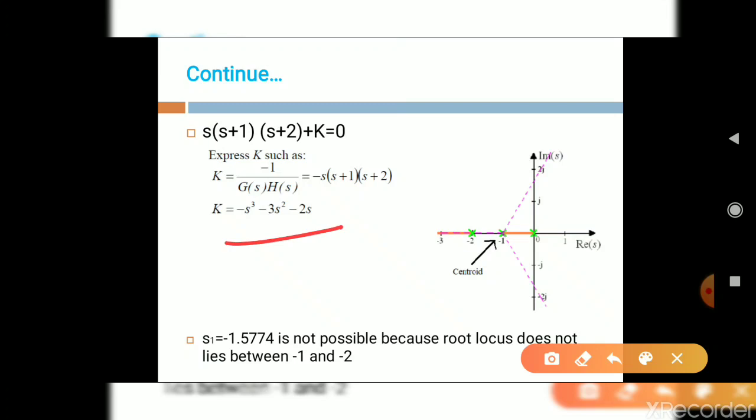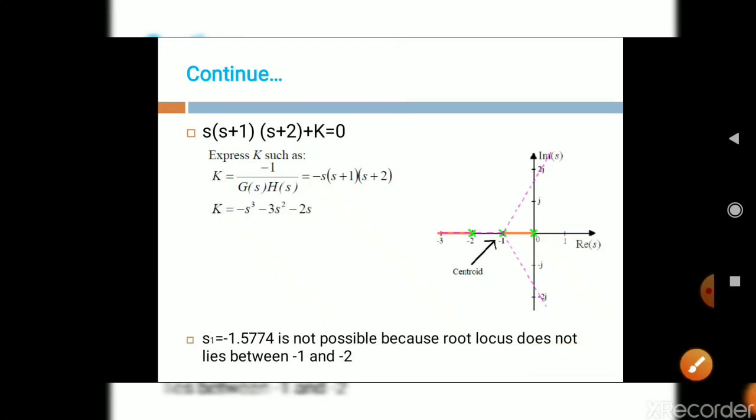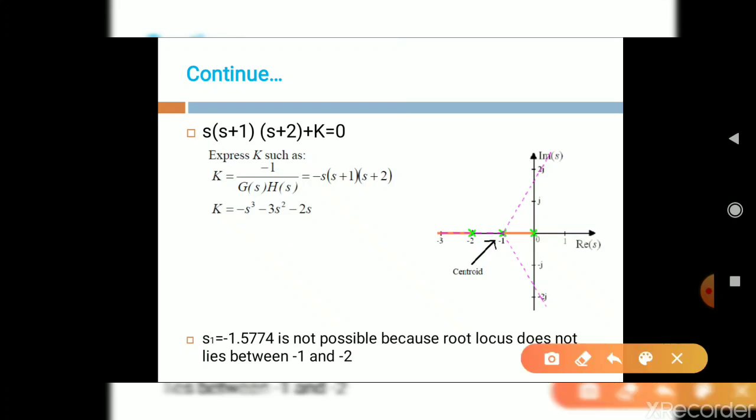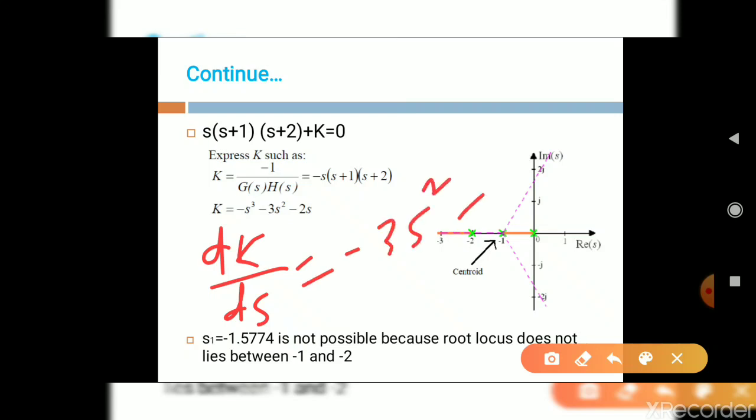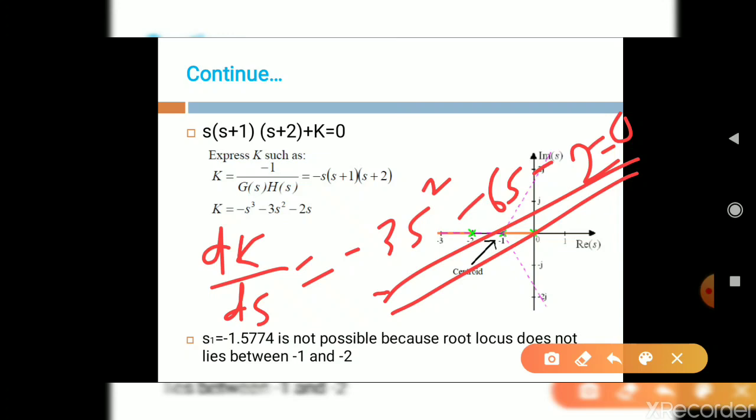This is the equation for k. Now take the derivative of this equation with respect to s, so dk/ds = -3s^2 - 6s - 2. This is compared to 0, and now we find the roots of this equation.